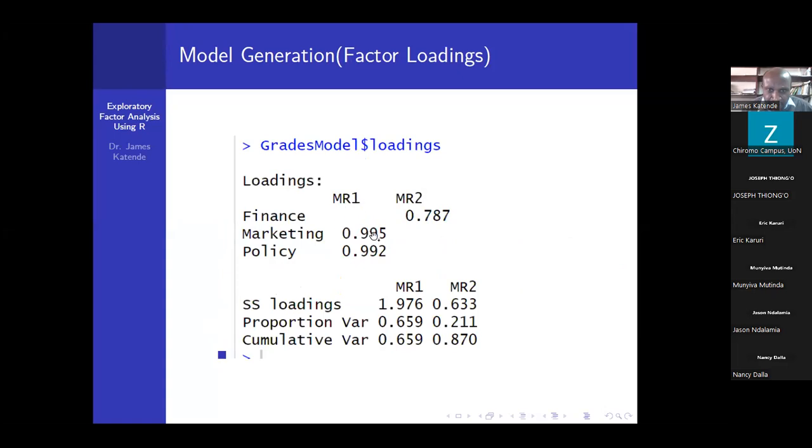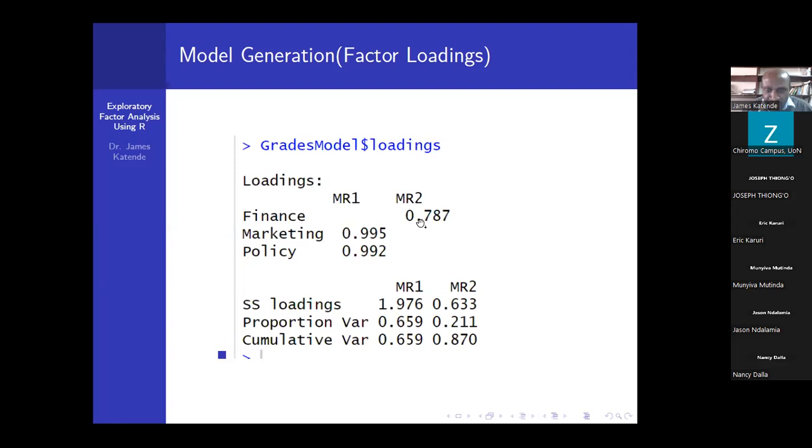Here, marketing and policy score very highly on the first factor, so we would assume that this first factor represents the verbal ability of the students, and finance scores fairly highly on the second factor. MR1 and MR2 are just the factors, and that's the result.